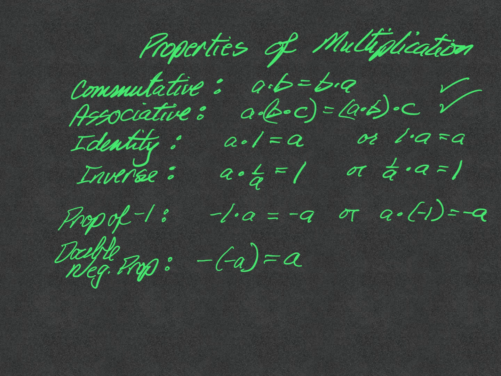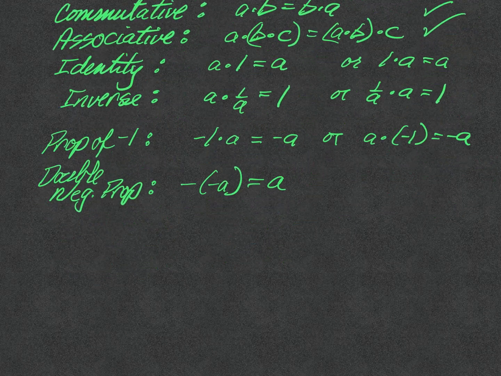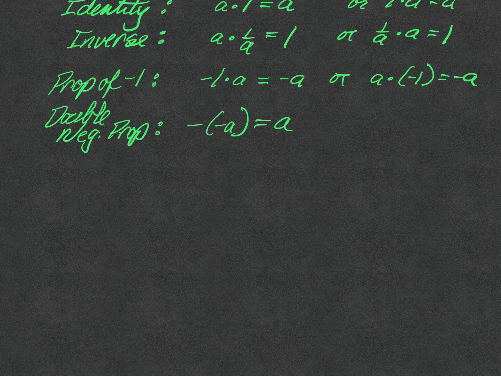The next thing we talk about is negative signs in front of parentheses, and then we can simplify some expressions. This isn't really a property, but if you have a negative in front of a set of parentheses with an expression, then that negative is like saying -1 times this.